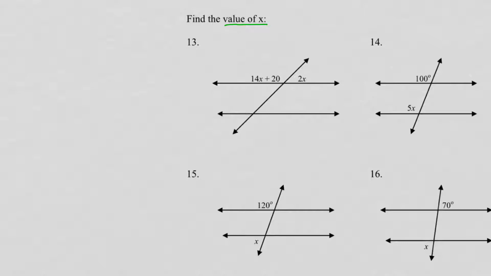So we know that these angles make a straight angle. So this is a supplementary relationship. Okay, so nothing really new there. So 14x plus 20 plus the other angle, 2x, is going to equal 180. And we're going to go ahead and combine like terms.